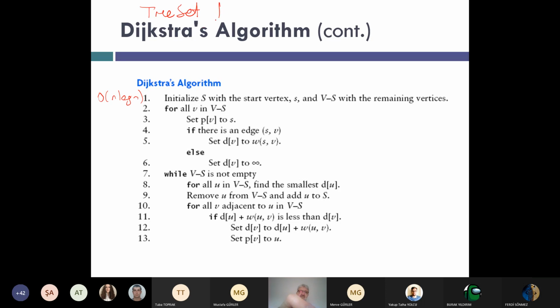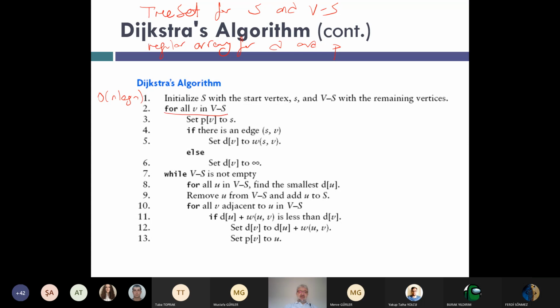For P and D, we can assume to use regular array. Tree set for S and V minus S. Regular array for D and P, okay? This is array. Fine, right?